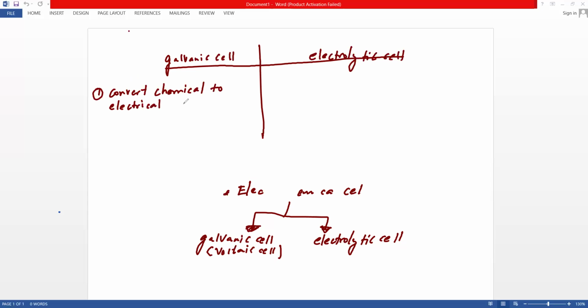So it uses chemicals to produce electricity.